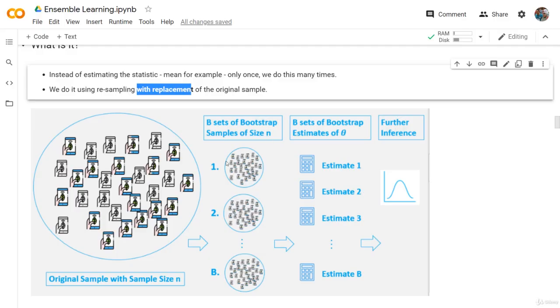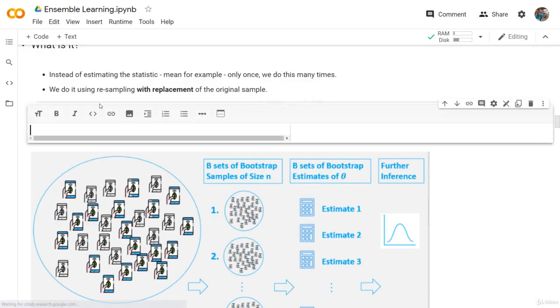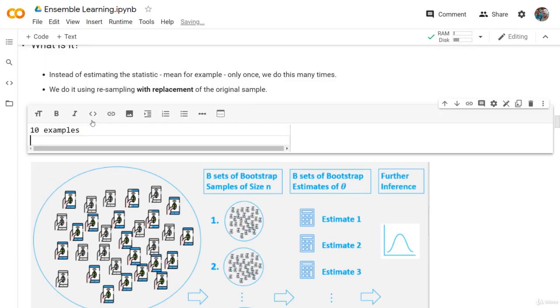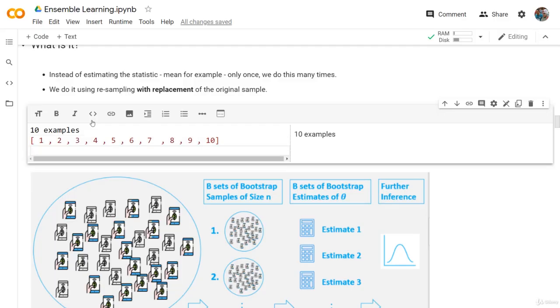So here let's say that we have 10 examples, okay? And let's say that the 10 examples are 1, 2, 3, 4, 5, 6, 7, 8, 9, and 10, right? So these are the 10 examples we have in our data.